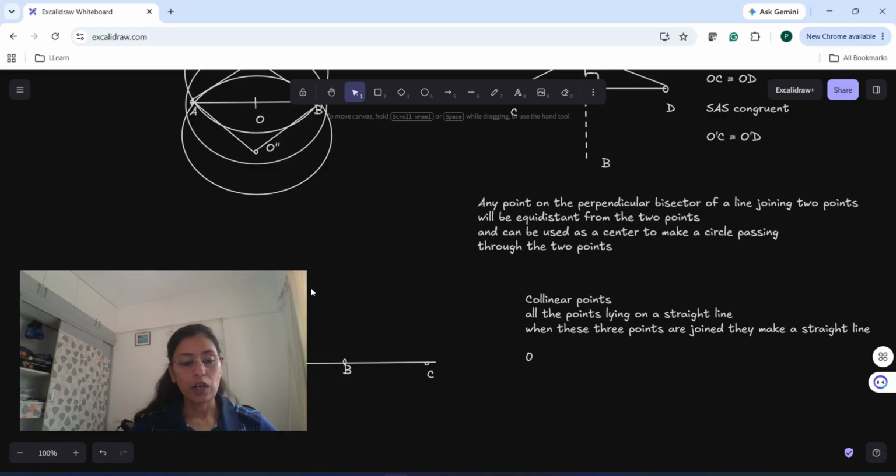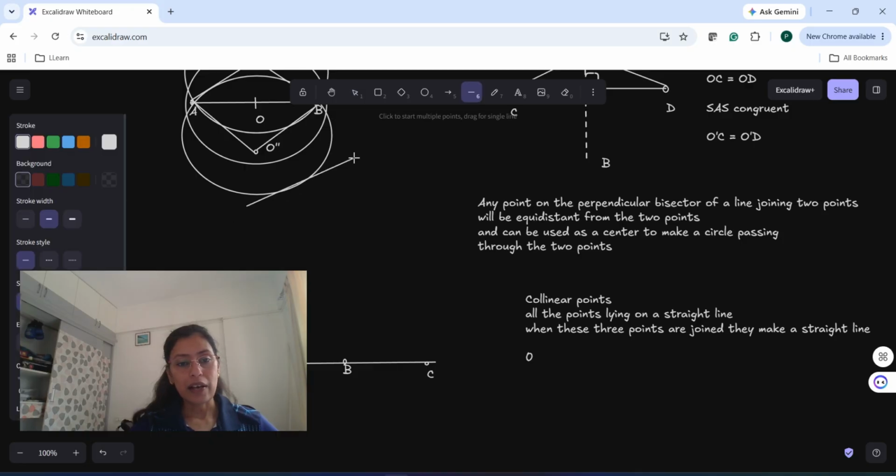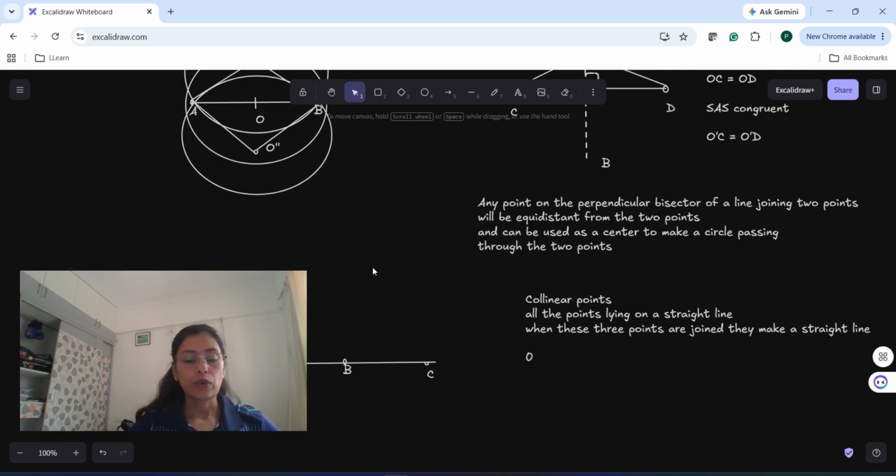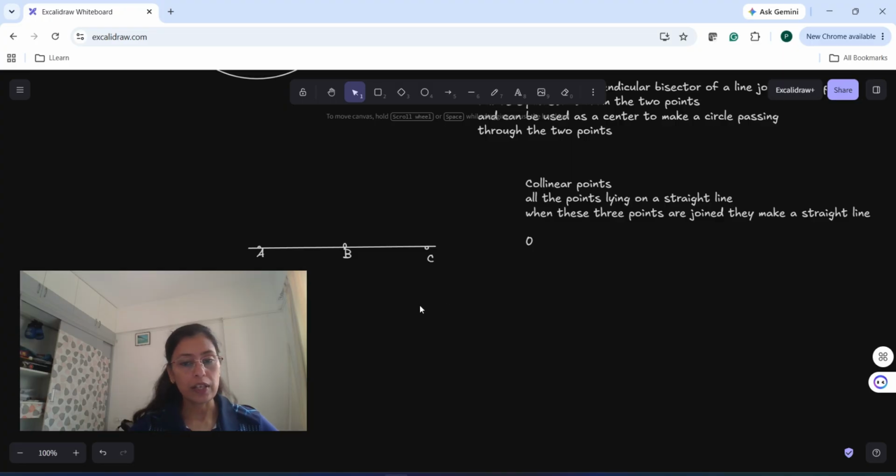When you learn about tangents later on, that will be a line which is touching a circle, so it will touch only at one point. What I'm trying to say is we cannot have 3 points on a circle falling on the same line. That is why you cannot make a circle with collinear points.